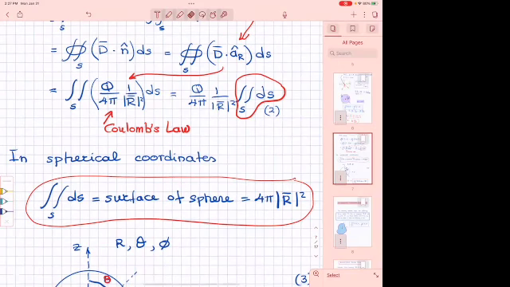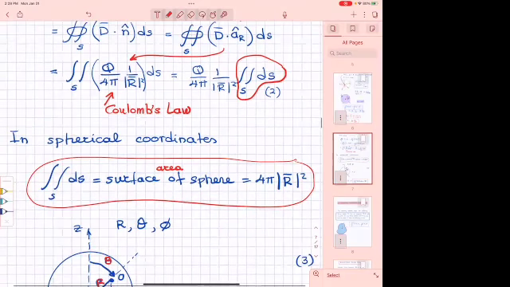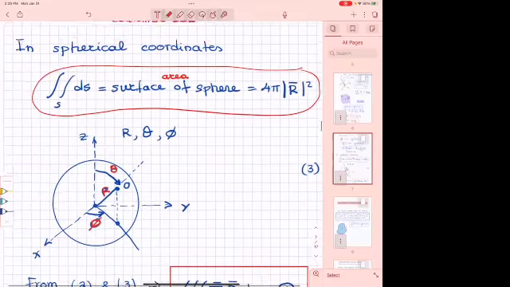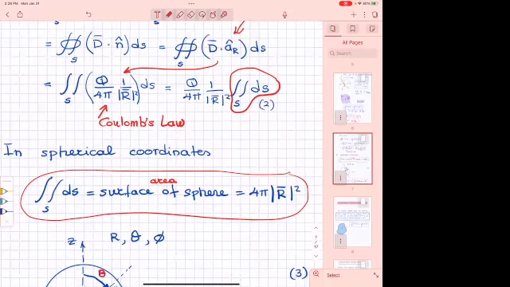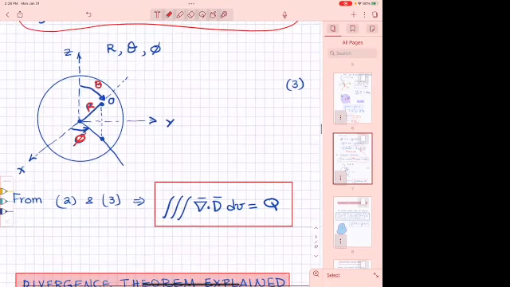Okay, to be accurate in how we use words, even if a lot of times we drop things. It's 4 pi r magnitude squared. So then, if I plug this result back here, what do I get? I get this result, which is Gauss's law. See, that is Gauss's law.